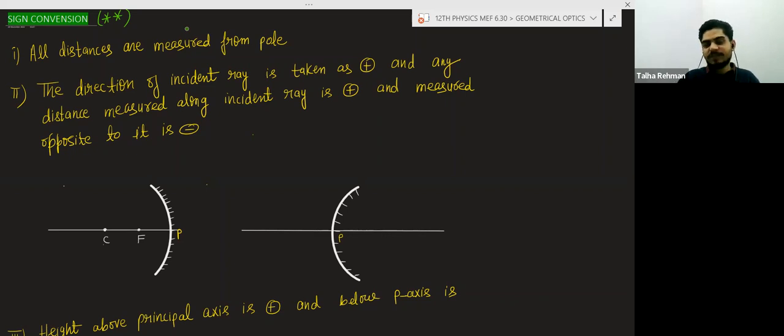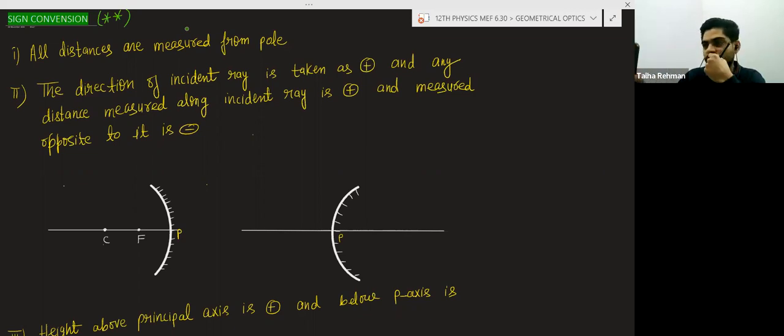First point in sign convention, and why we are studying the sign convention. The reason is that suppose this is a mirror and this is the object. So there is a distance between the mirror and the object. The question is, from where will we measure the distance? We can measure the distance from the focus of the mirror, from the center of curvature of the mirror, or from the pole of the mirror.